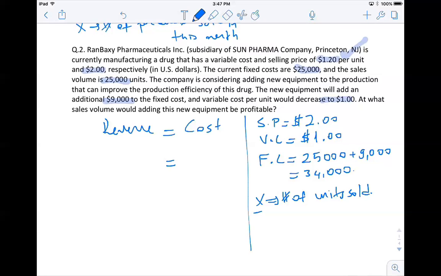The revenue is 2 times x, and our cost is the fixed cost of $34,000 plus $1 times x. If we rearrange the terms, x is going to be equal to 34,000 units. To be at the break-even, the company should sell 34,000 units.